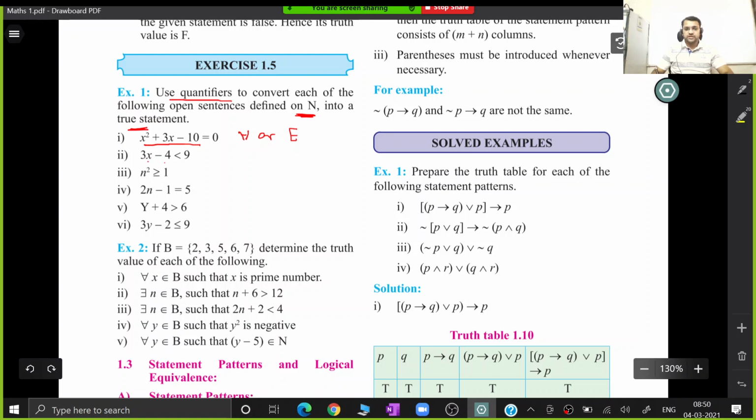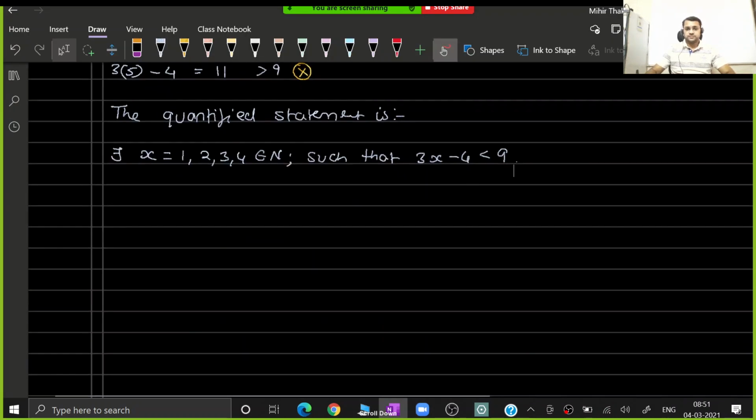Let us see the third one. N square greater than or equal to 1. So what do we do in this? N square greater than or equal to 1.